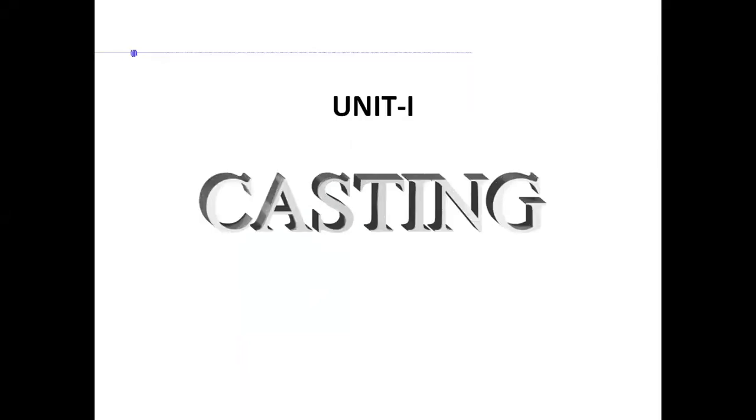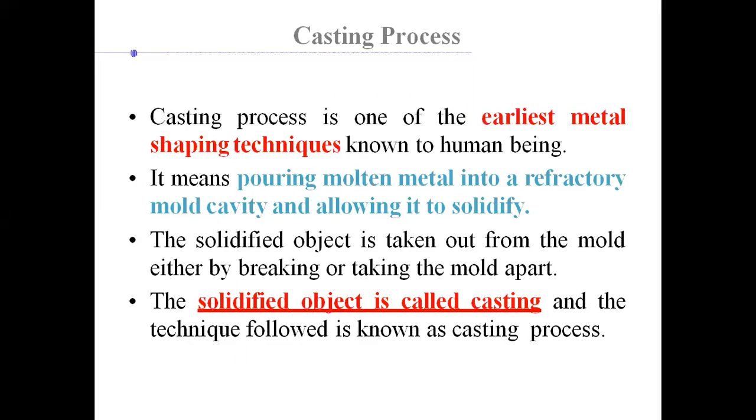You see, casting process is the earliest to be introduced. Like 2000 BC or something, we humans have been using this casting process to form materials. So this is the earliest metal shaping technique, and basically what it does is we are pouring molten metal into a refractory mold cavity, right?